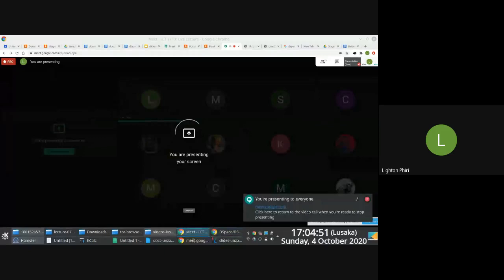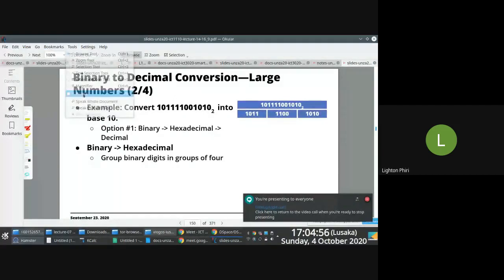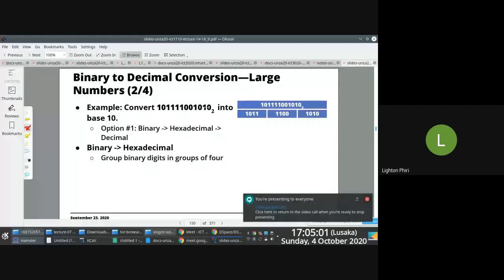So if we have a situation where we want to convert this number here, 1011 00110, into decimal, we're saying this is the ones place, this is the twos place, this is the fours place.